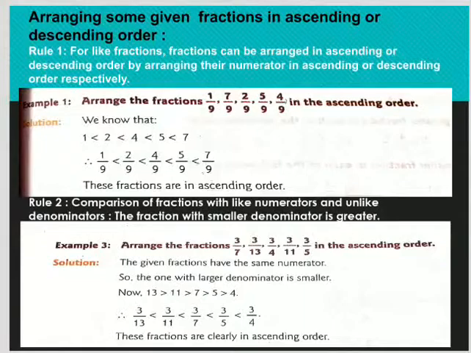So arrange the denominators in which order? In descending order, meaning from biggest to smallest. The fraction having the larger denominator is the smaller fraction. Clear? This way you can arrange the fractions in ascending order.